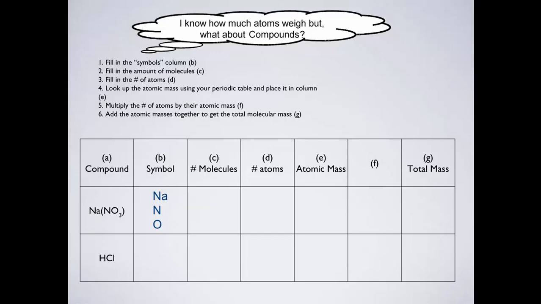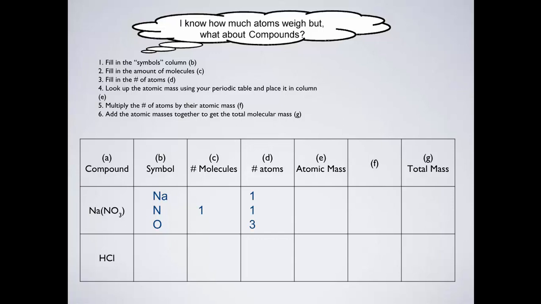How many molecules of this whole thing are we talking about? Just 1. How many atoms of sodium? 1. How many atoms of nitrogen? 1, inside the parentheses. Anything outside? No. How about oxygen? 3.